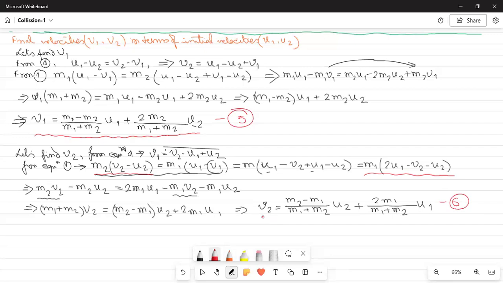So here we have final velocities v1 and v2 in terms of the initial velocities u1 and u2.